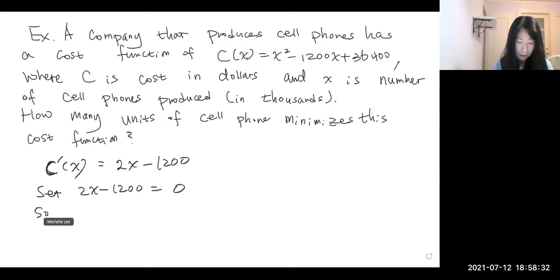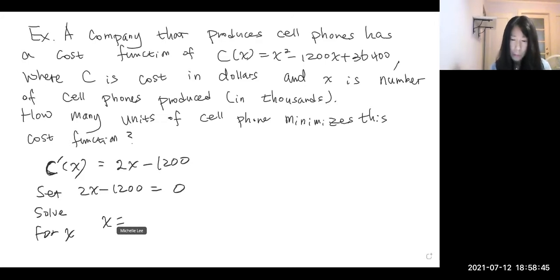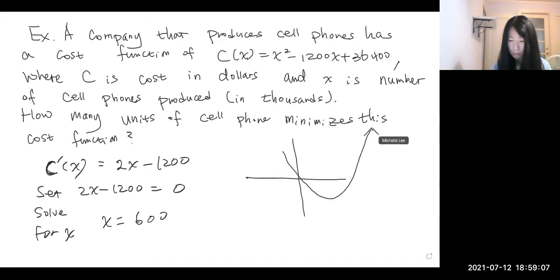Then solve for x. What do you get for this one? 600. 600, right? Okay, so 600.